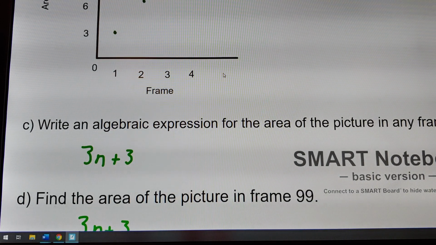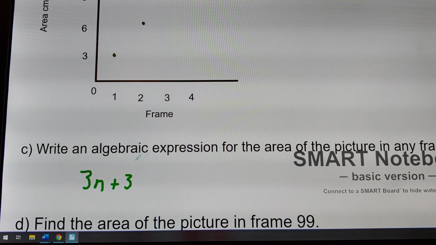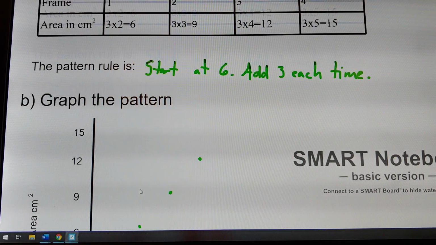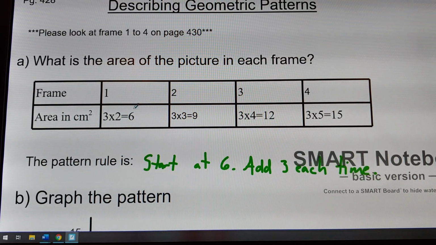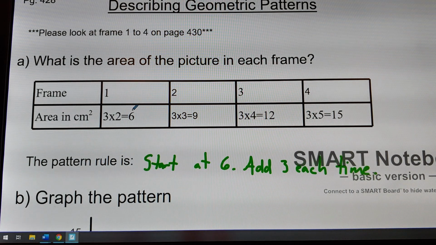Then they want an algebraic expression for the area of the picture in the frame. Well, we saw that they were going up 3 each time. So we know, okay, that's going to be 3 multiplied by n. And then if we tried that, I'll just flip back to this. Okay, so 3n, 3 times 1 would be 3. We need 6. So it got us to 3, but we need 3 more.